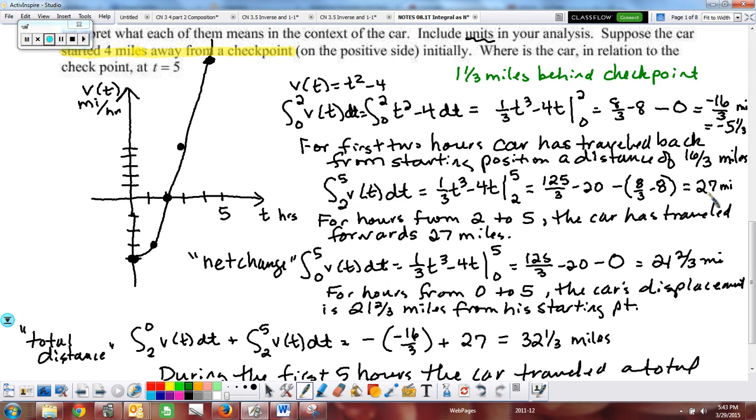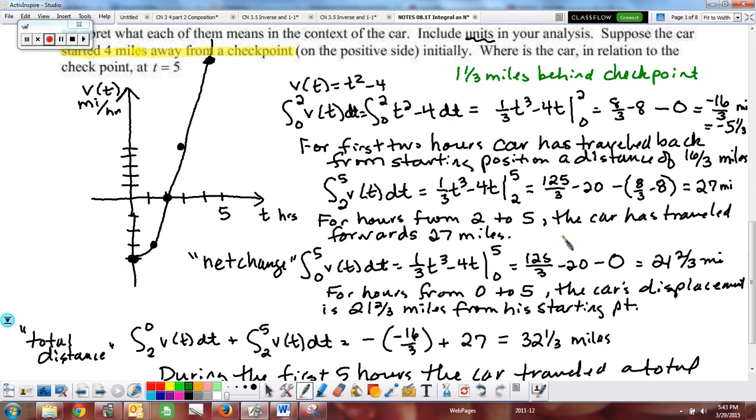Now I'm going to travel 27 miles forward. So if I travel 27 miles forward, where am I now? Where I am now always equals where I was plus my net change. So I've gained 27 miles, but I have to go with where I was, which was 1 1/3 miles behind the checkpoint.